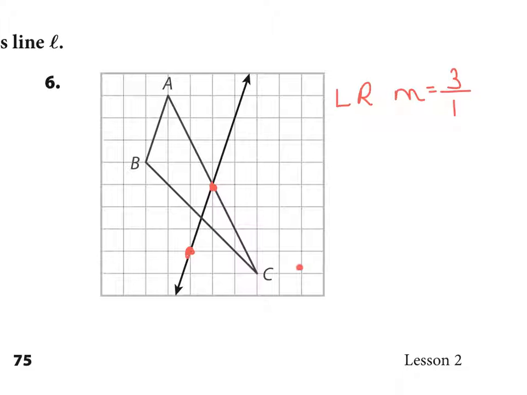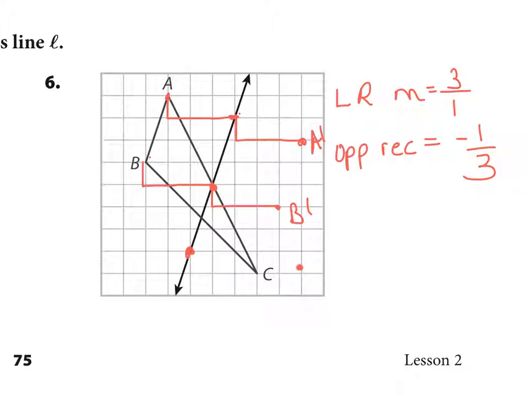So it means the opposite reciprocal of that would be -1/3, okay? So it means all my points are going to go down 1 over 3. I can see that, can't I? That was down 1 over 3 from that line. And then down 1 over 3, 1, 2, 3. And there's my A prime. Okay, down 1 over 3. I'm going to go down 1 over 3, and there's my B prime.